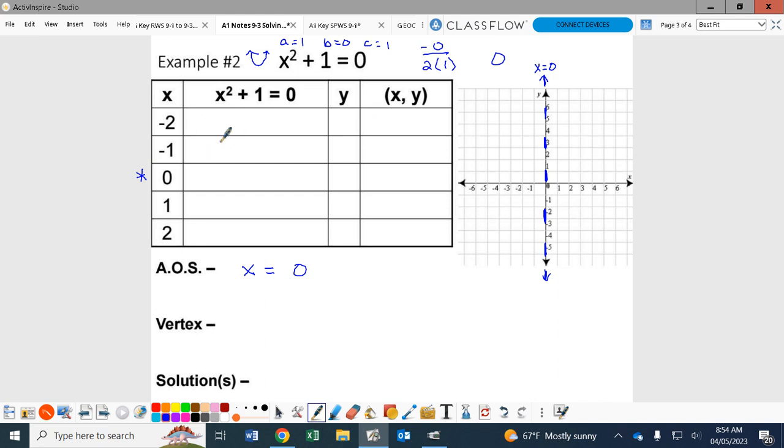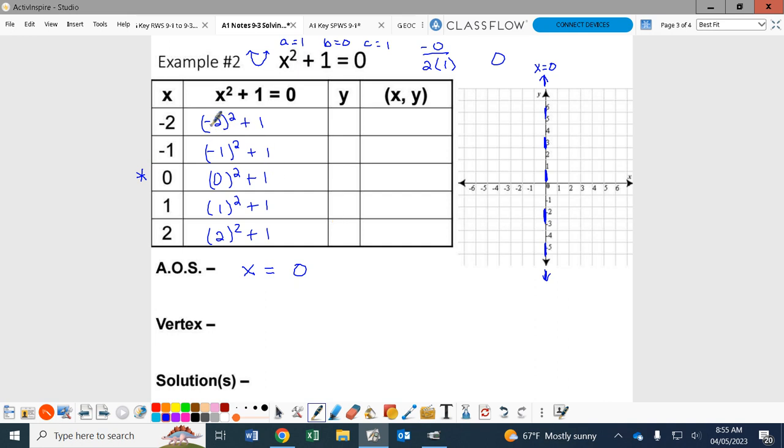When you do, you're using these numbers to plug in. -2 squared plus 1. -1 squared plus 1. 0 squared plus 1. 1 squared plus 1. 2 squared plus 1. Guys, if you need to use a calculator to make sure you don't mess up the arithmetic, do it.